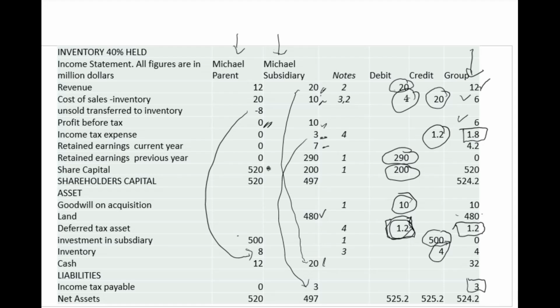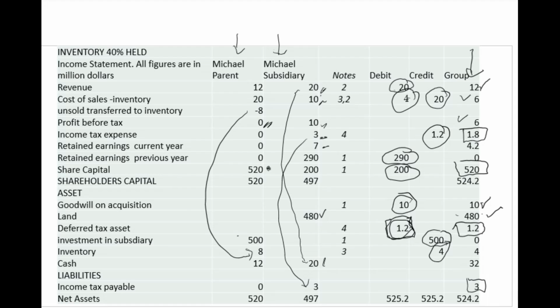Then the goodwill on consolidation is recorded, land is recorded, and the share capital of Michael parent is representing the share capital. And the retained earnings for the current year is 4.2 million after deducting the other expenses, and the shareholders' equity becomes 524 million.